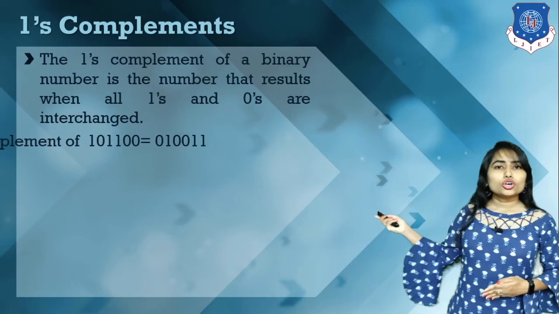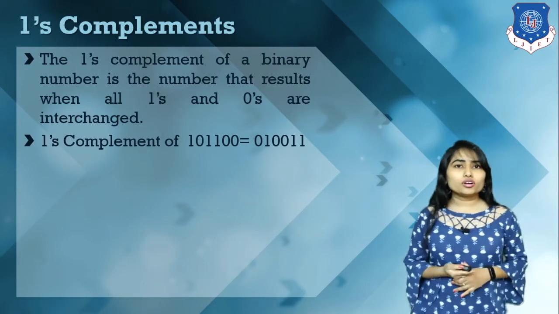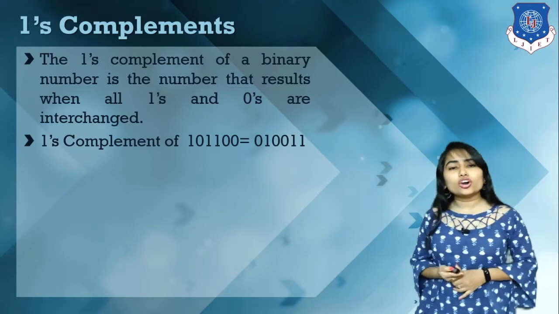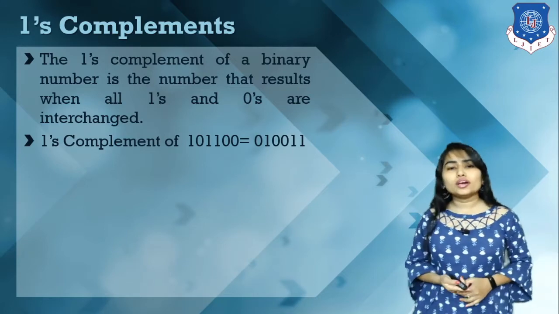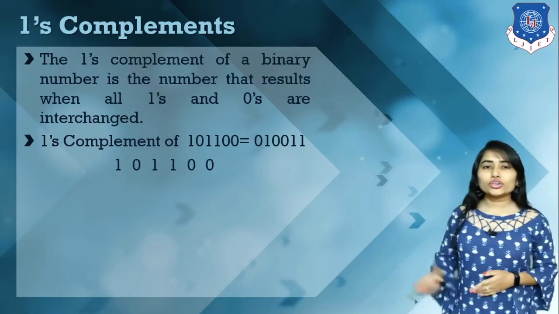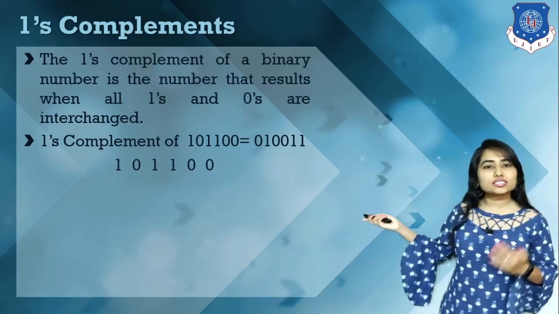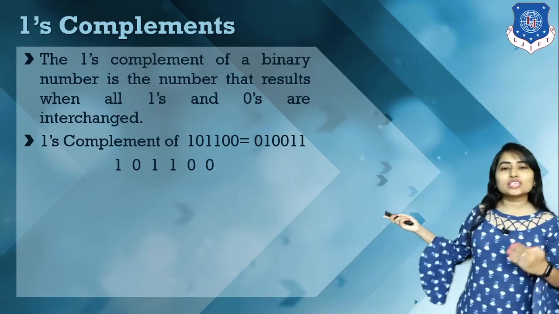Let's take an example. We have these binary bits, the 1's complement of 101100. Here we have our binary pattern written like this. We have to just replace all zeros and ones.